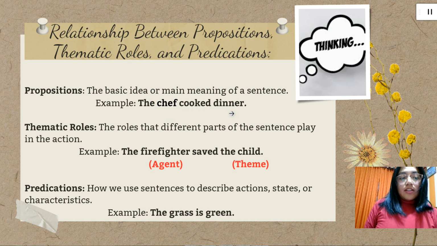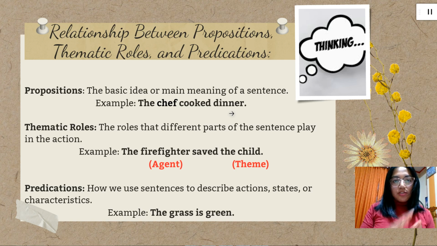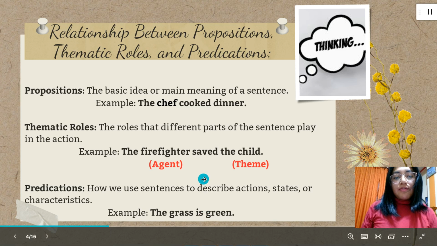So the second, thematic roles. This explains who is doing what in the sentence. This shows the relationship between the verbs, the actions, and the nouns, the people or things. So look at this example. The firefighter saved the child.